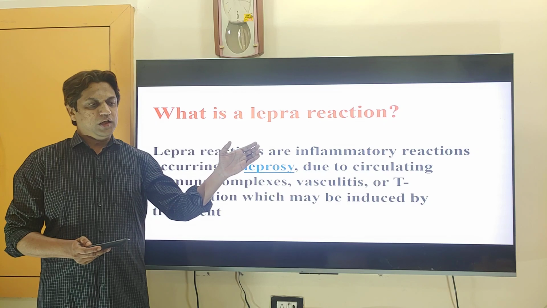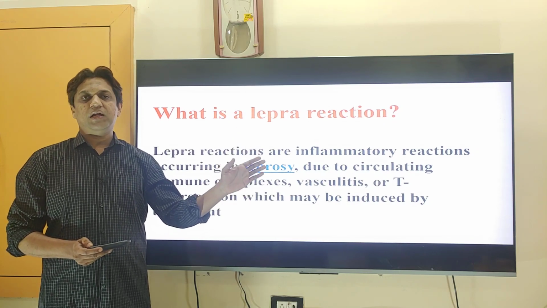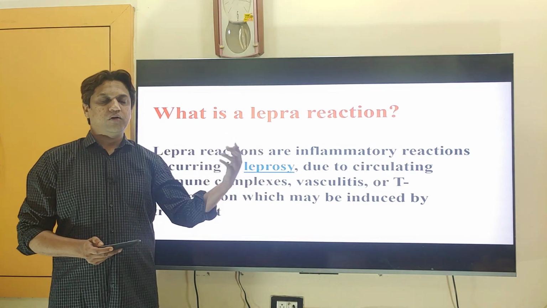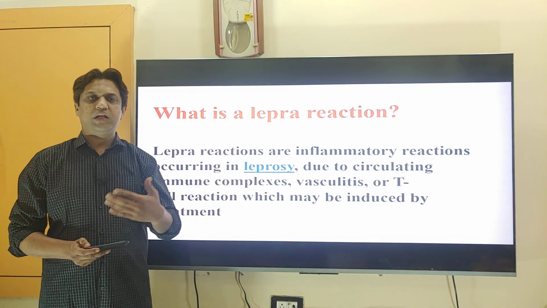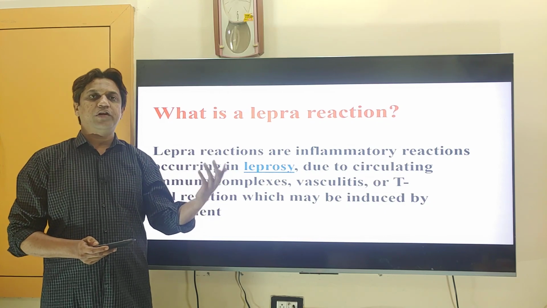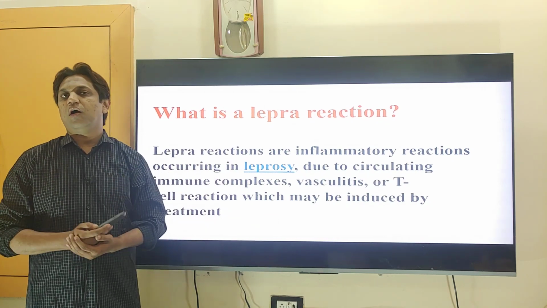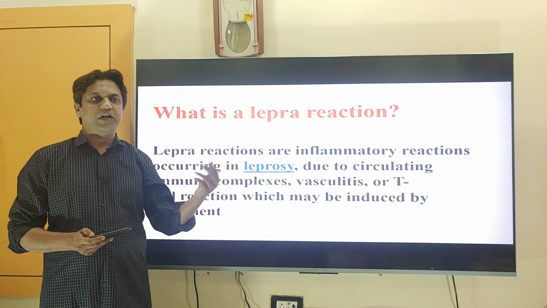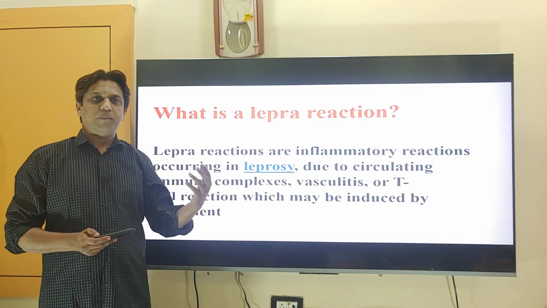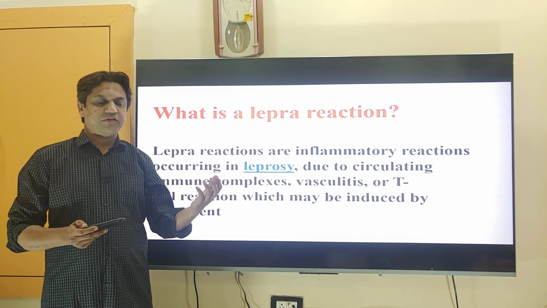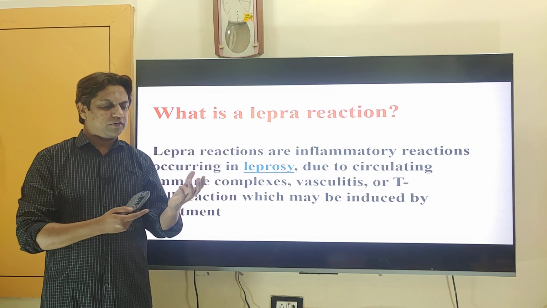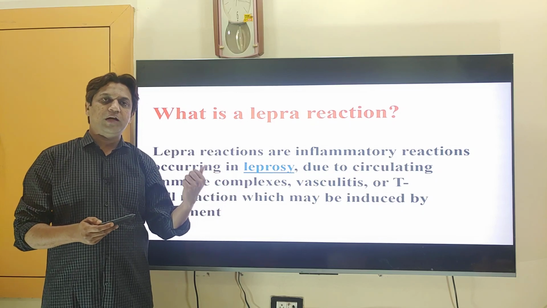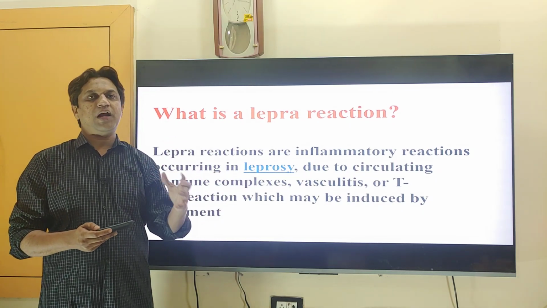For example, just imagine a patient is diagnosed with leprosy, and he or she is on anti-leprosy drugs. It could be paucibacillary or multibacillary leprosy, on treatment for 6 months or 1 year. Initially a few lesions may be there, and the treatment continues, and after some weeks the patient comes to you stating that earlier the lesions were okay, but suddenly after some weeks of treatment the lesions became erythematous and indurated.